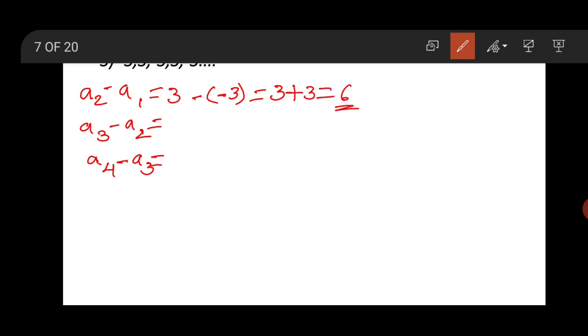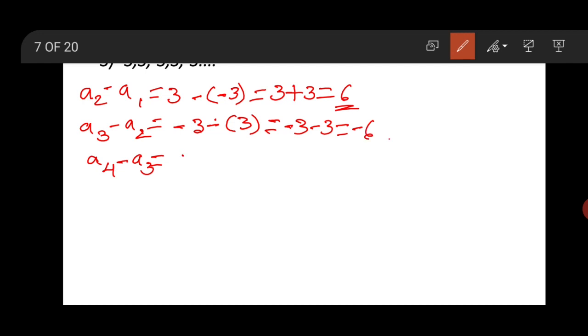Okay. Next, A3. What is A3? A3 is minus 3, minus A2. A2 is 3. So it is equal to minus 3 minus 3, which is minus 6. Next, A4.